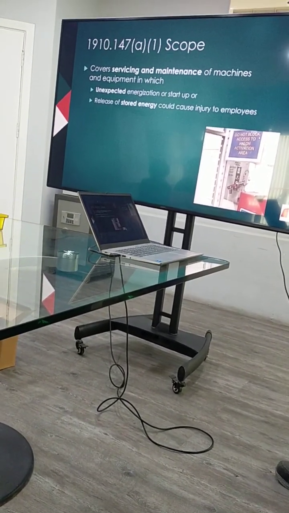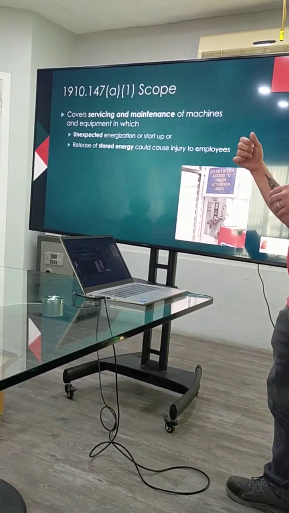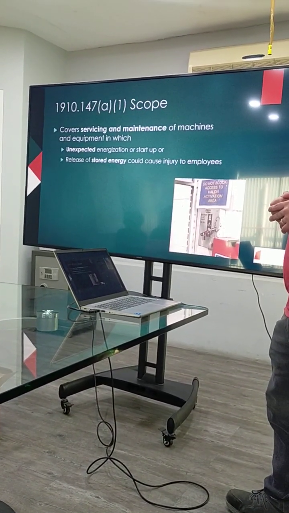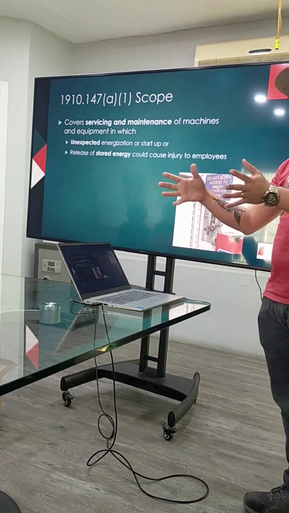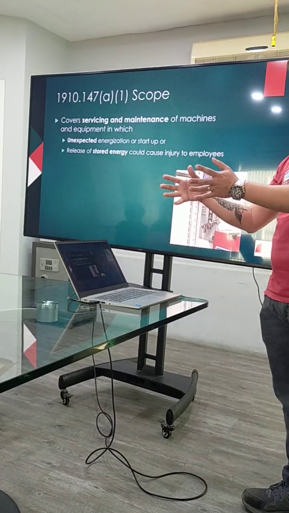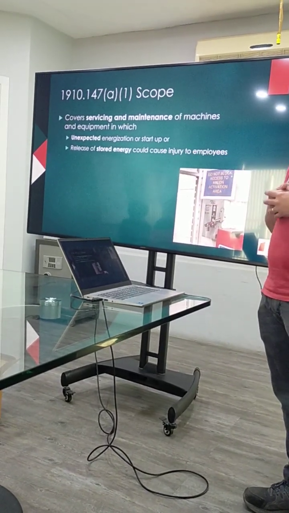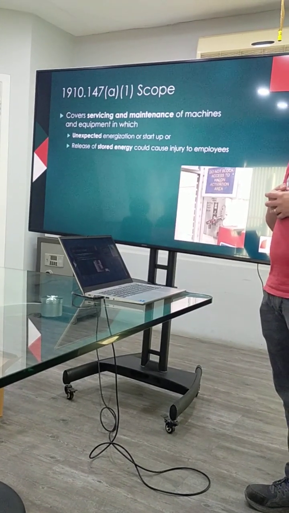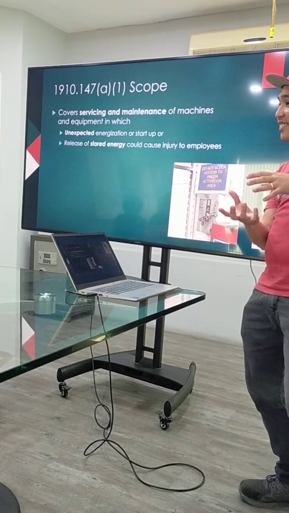So I will ask you now, basically, what is the practice here in BU2 in terms of how we service an equipment? For example, Mr. Assis, in terms of servicing a pump, what are you currently doing before you do the servicing? Does the pump have a motor, right?